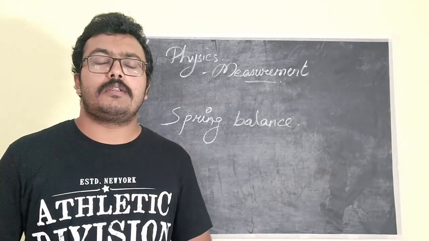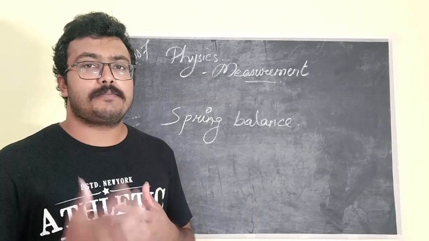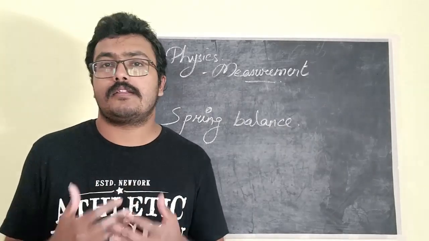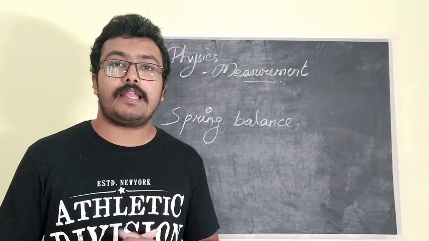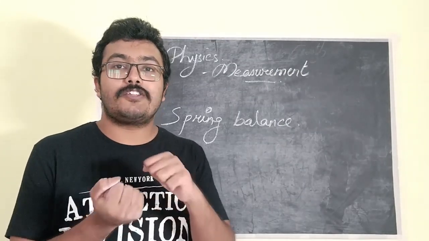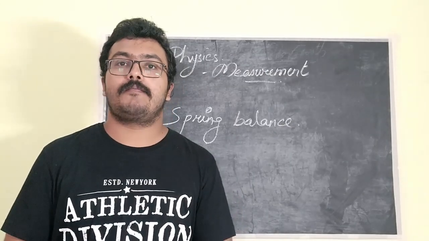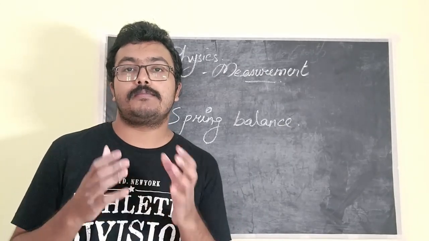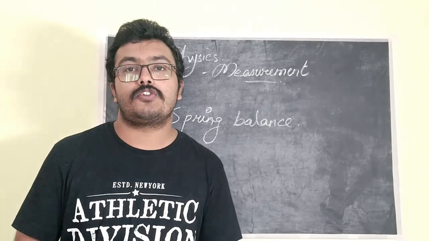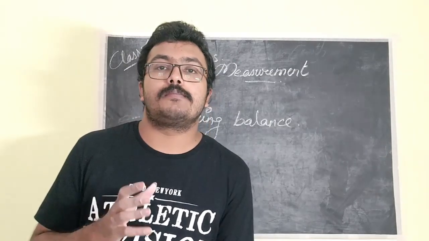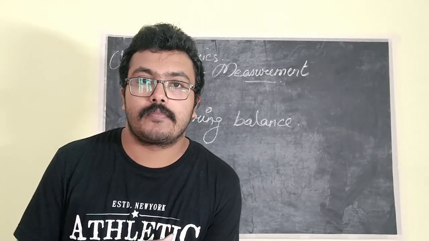Now, talking about the principle behind a spring balance, it doesn't work just like the beam balance and physical balance you have studied. A spring balance works on the extension of a spring. So how much a spring can extend depends on the extension produced by the spring. That is the main principle behind a spring balance.